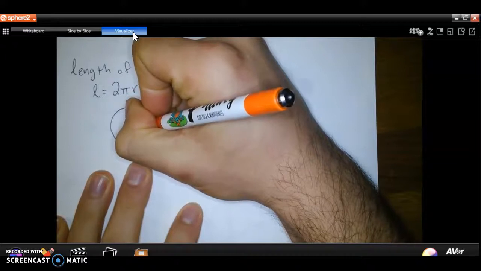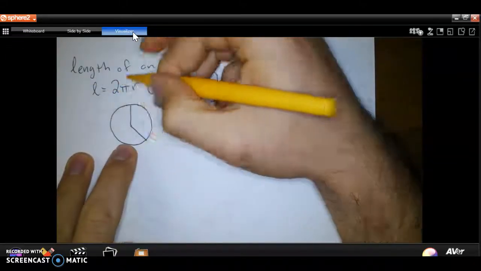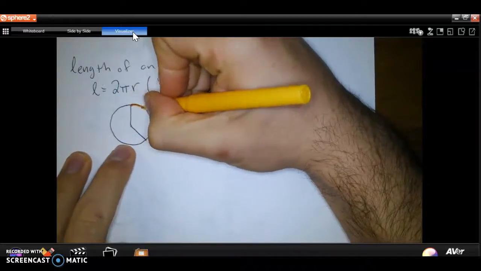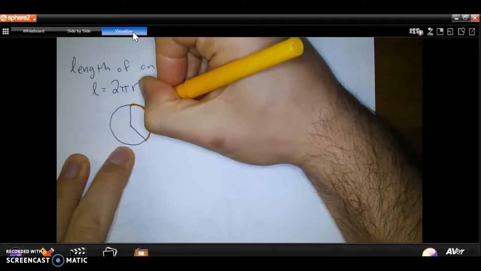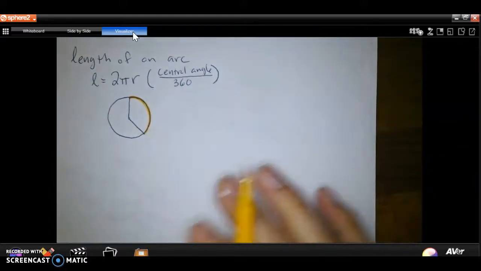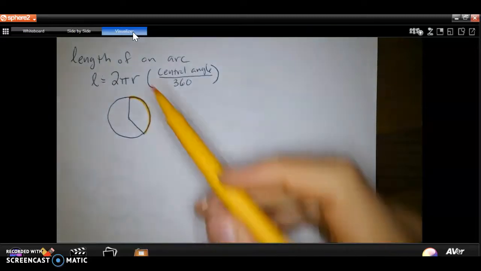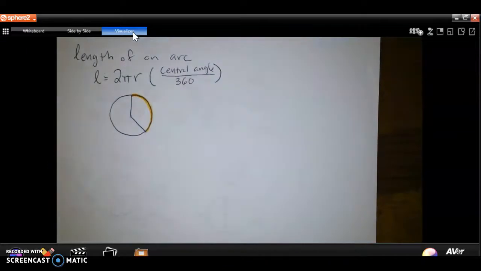Today, what we're actually going to be measuring is a length. That's why I used a little L here. The length of an arc tells us not the distance we rotate, but the actual length of this portion. It'll tell us if we had a piece of string, how much string we would have to place to cover that arc section. If you haven't looked at the resources yet, that's fine.